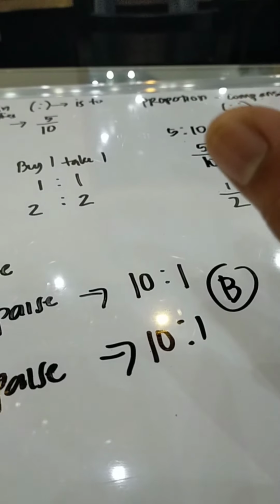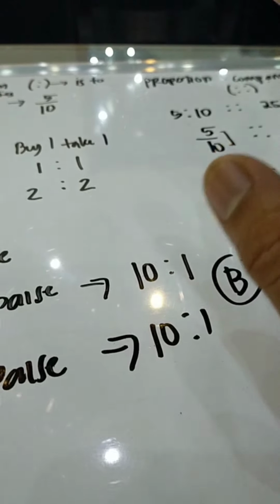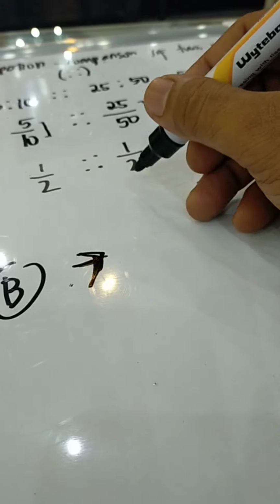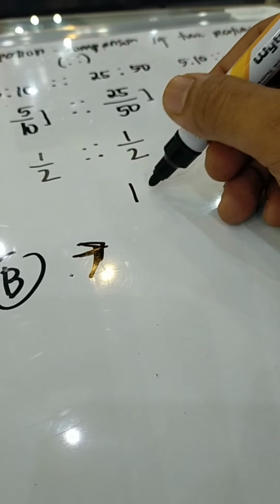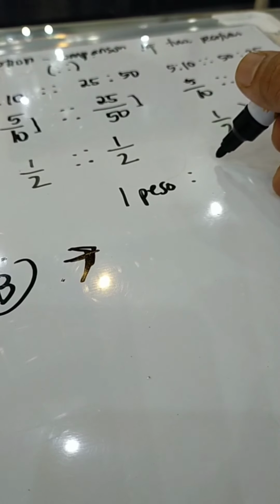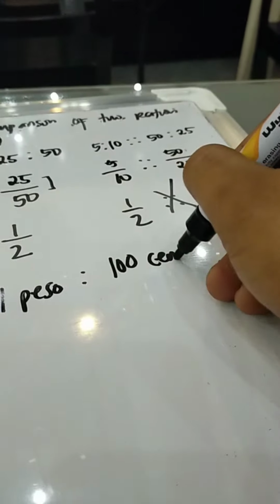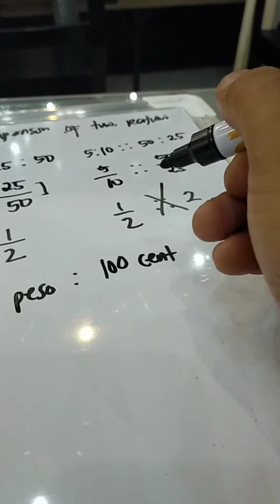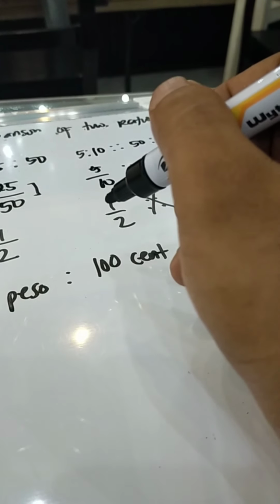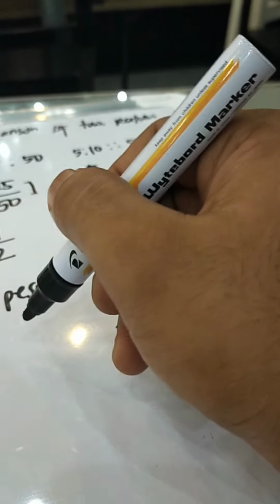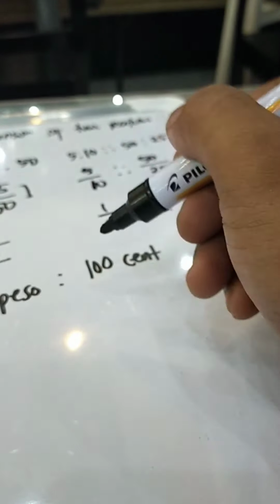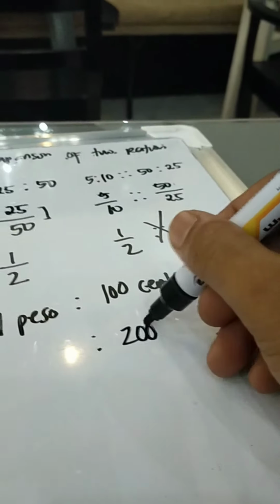Next. Okay, so let's have another example sa Philippine peso naman para real life or na-encounter ninyo. So for example, we have 1 peso is to 100 cents. So 100 cents is equal to 1 peso. So if for example, let's express the ratio of 100 cents to 200 cents.